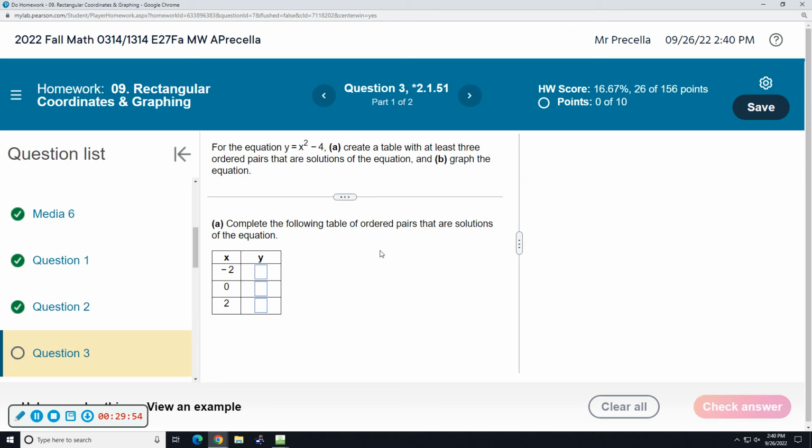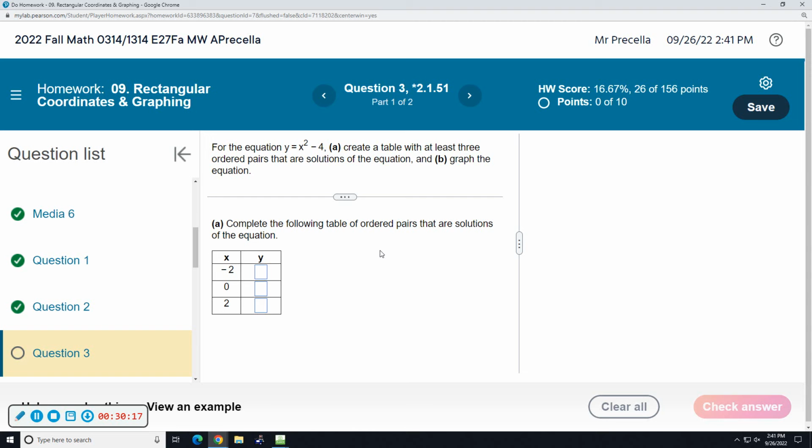The equation we're going to graph is y equals x squared minus 4. No, let me write the problem down completely first.